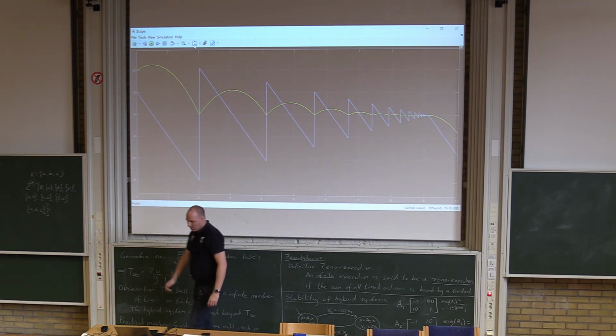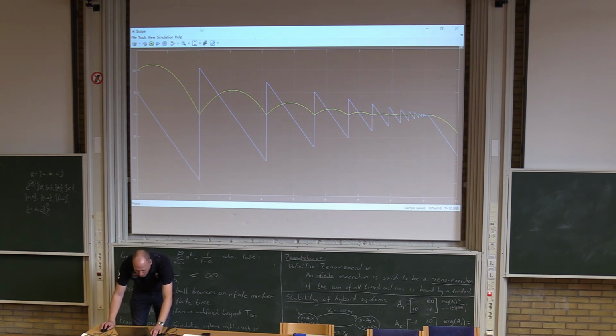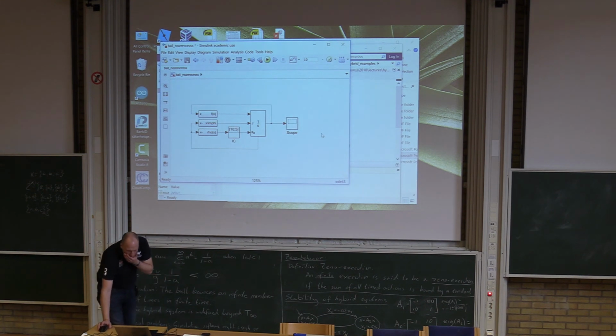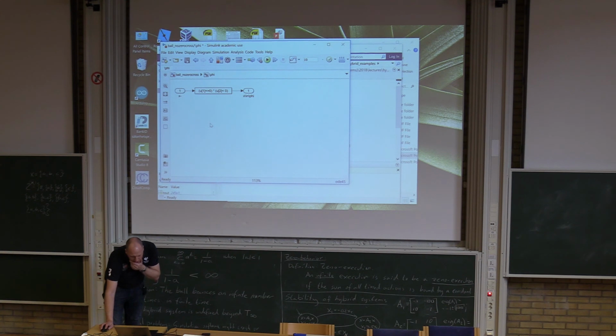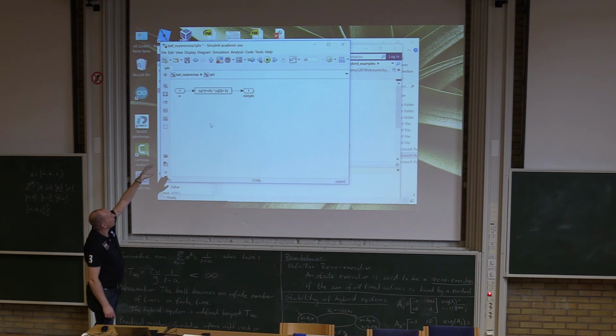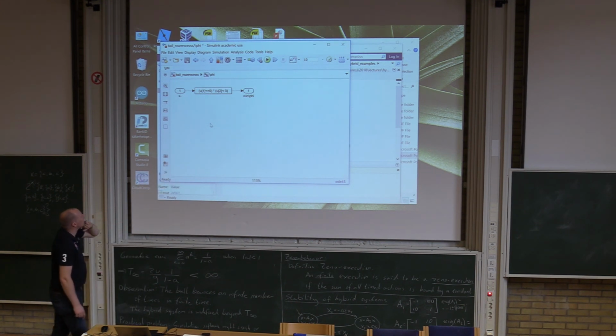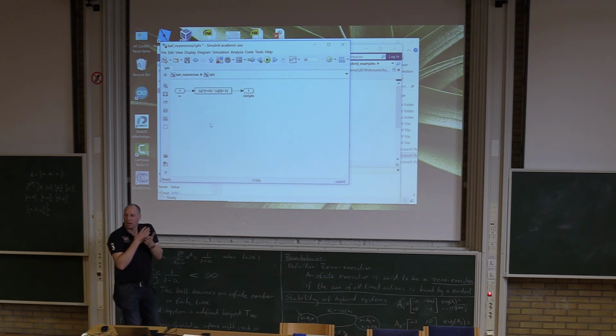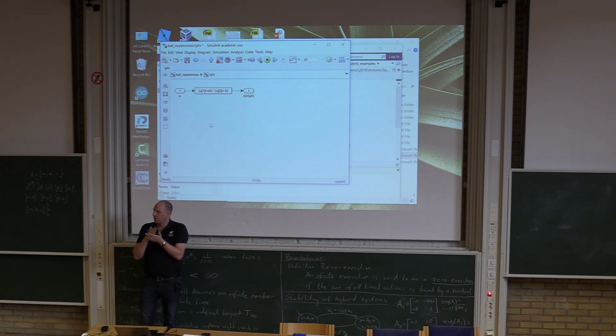So go back to the model again. So here we have the model, and we have this condition here that if we have a rising edge on this condition, we will reset. The problem is that even though we had this zero crossing detection, it will be a numerical solution to it.